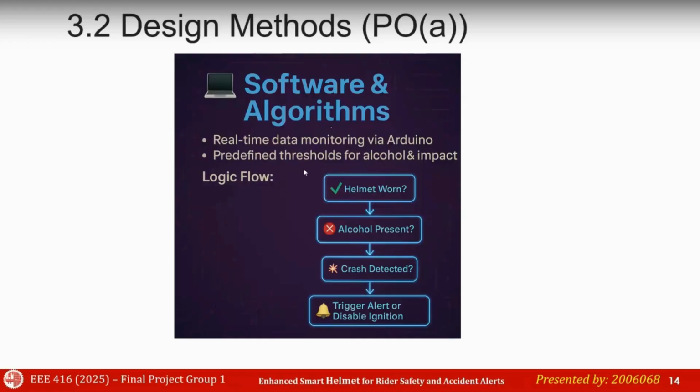And if a person is detected with alcohol, then the transmitter circuit sends the signal, and the receiver circuit doesn't allow the bike to turn on. And if a crash is detected, the transmitter circuit sends the signal to turn off the receiver circuit. It actually simulates the bike turning off, and also the real-time location of the crash is sent by SMS.